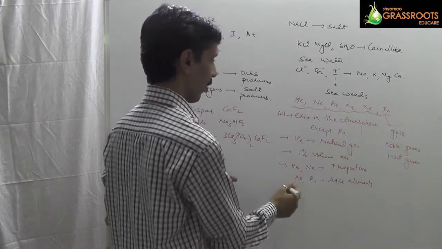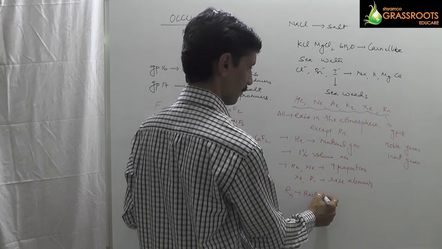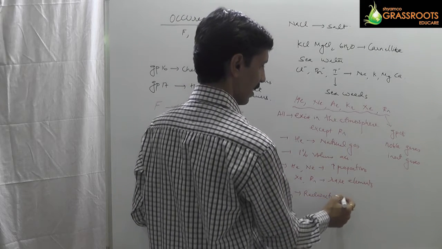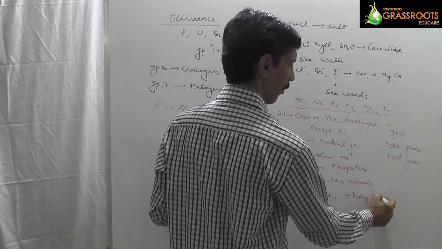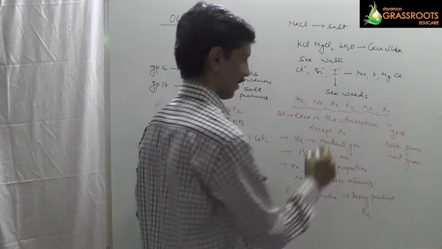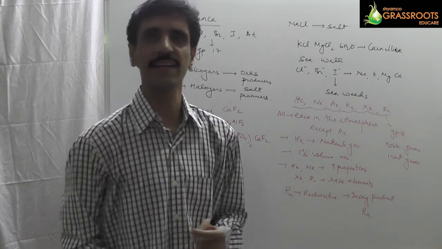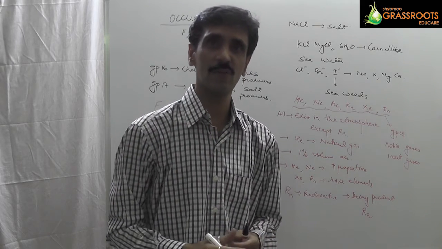When we talk about radon, radon is considered to be radioactive and it is actually a decay product of radium, whose atomic mass is around 226.